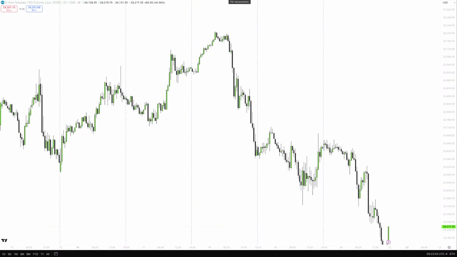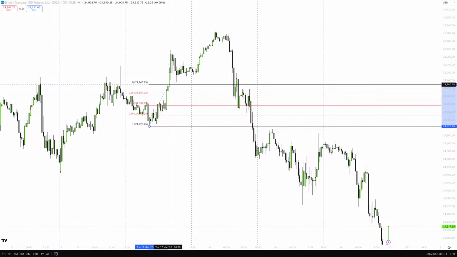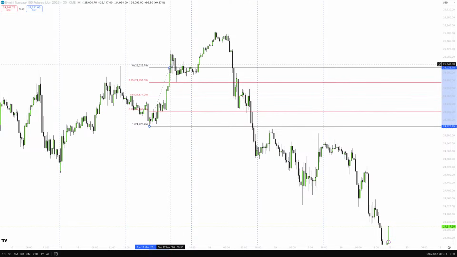So we opened up at 9:30, and you can see when you measure the move that we had before 9:30, then we can see the quadrant levels of the range we already made before 9:30.